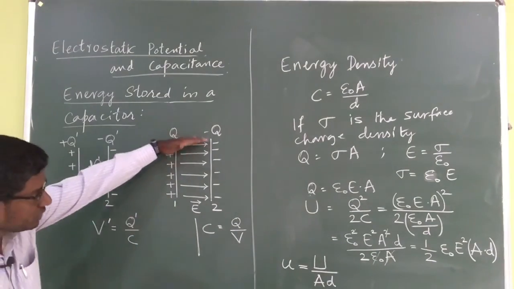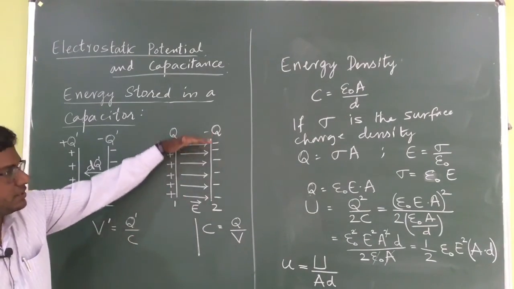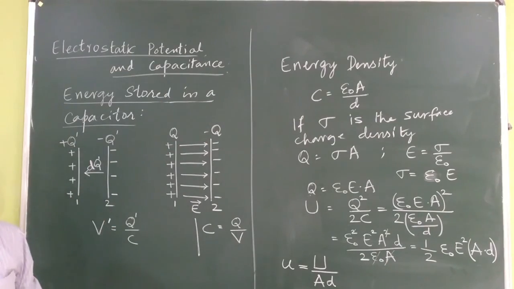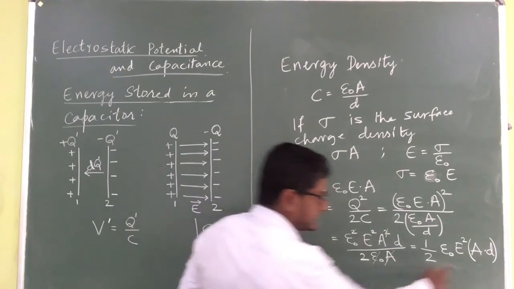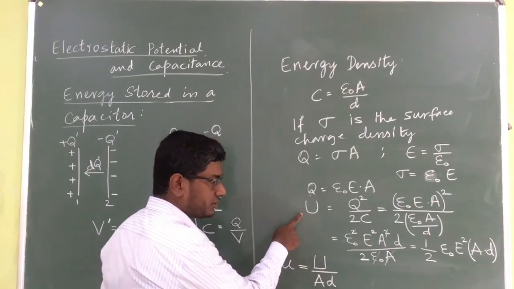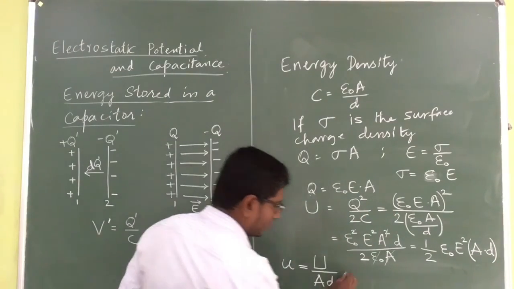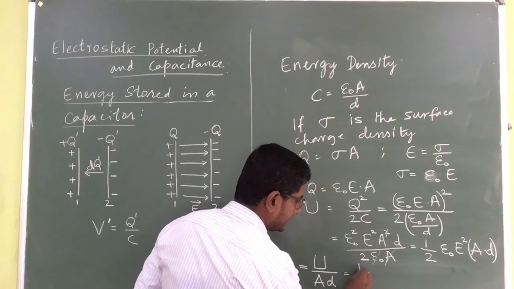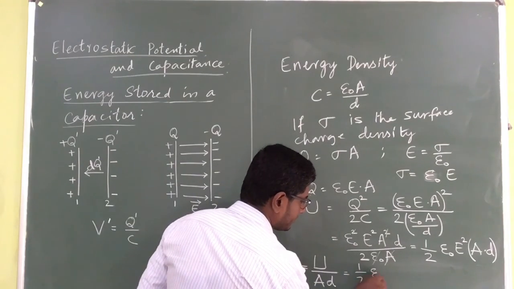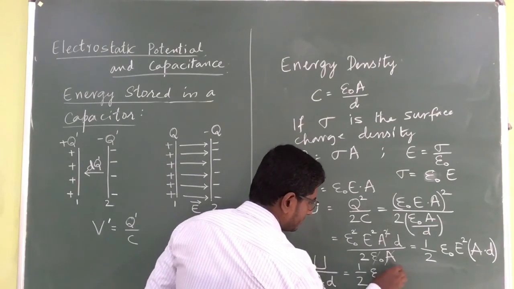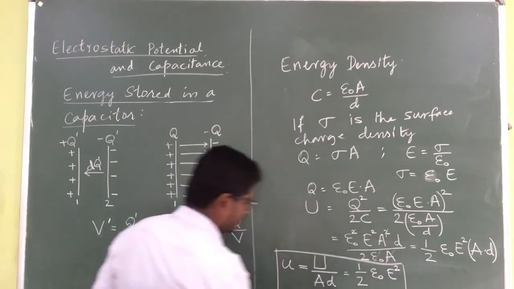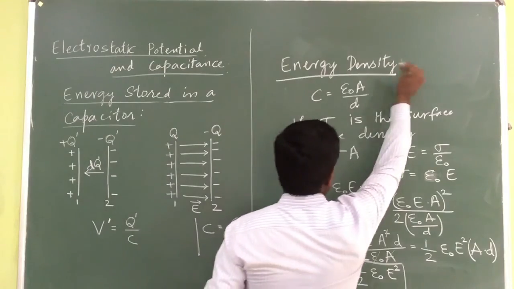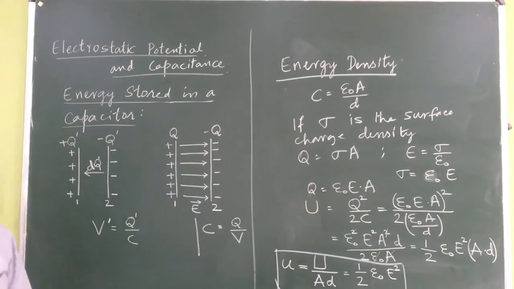AD is the volume of space present between the plates. So when I divide this capital U by this AD term, the terms cancel out. What is going to be left with me is only half epsilon naught E square. This equation represents the energy density of a capacitor or energy density of electric field.